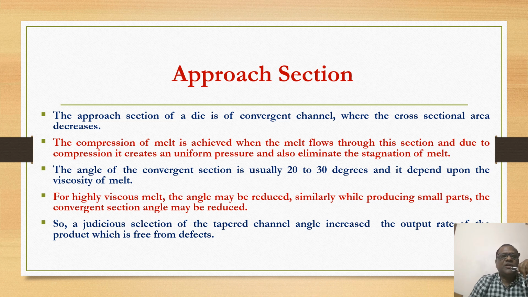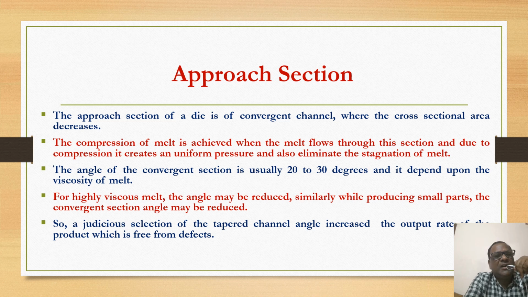So now what is the approach section? What is the function of the approach section? The approach section of a die is a convergent channel. Convergent means the cross-sectional area decreases from one end to the other end. Generally, one end of the approach section is connected with your extruder.